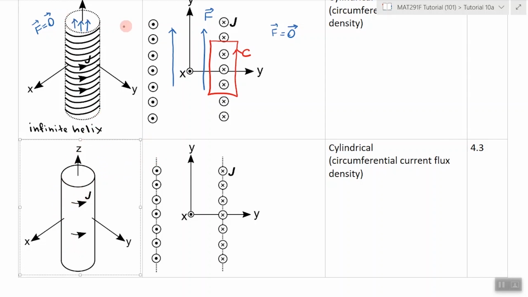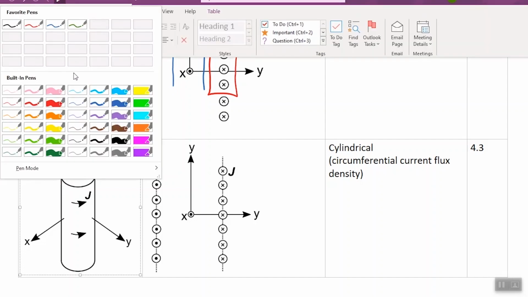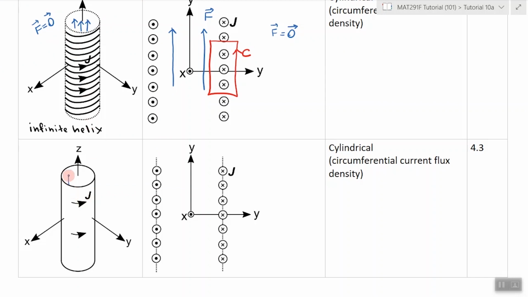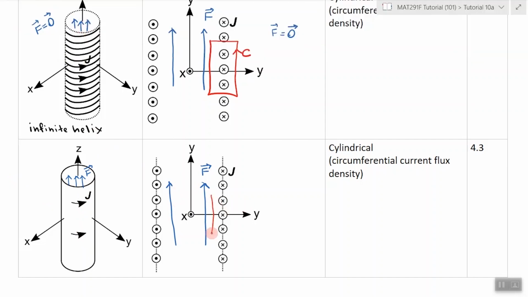In a shell, the field would look very similar to the infinite helix. Sorry, I meant the field would look very similar to the infinite helix. And the contour you set up would also be the same.